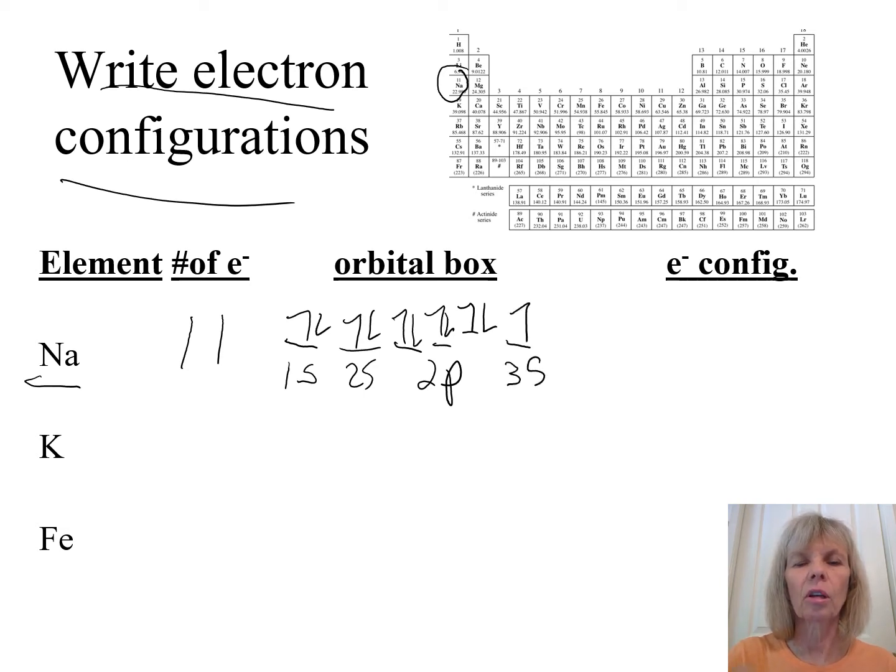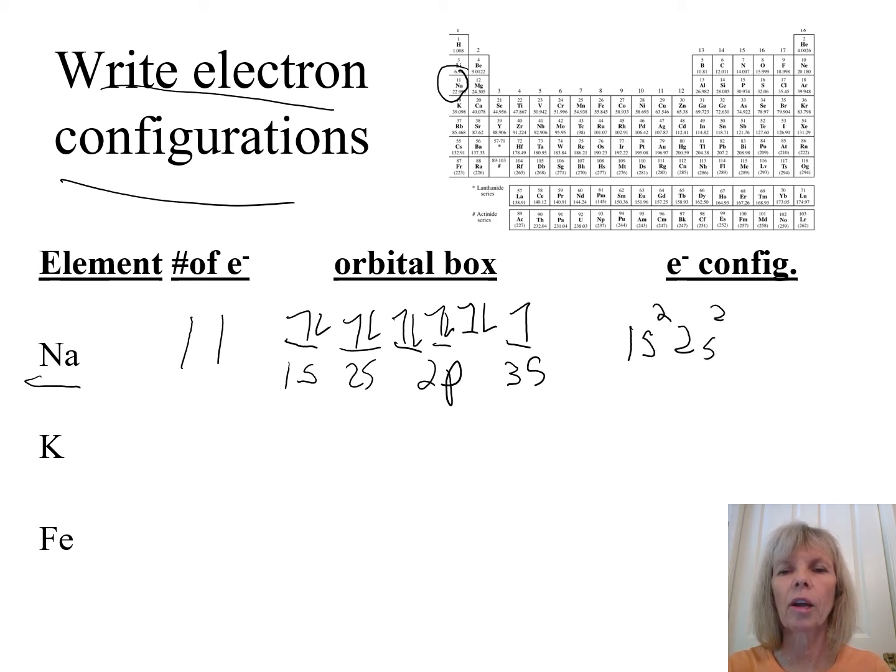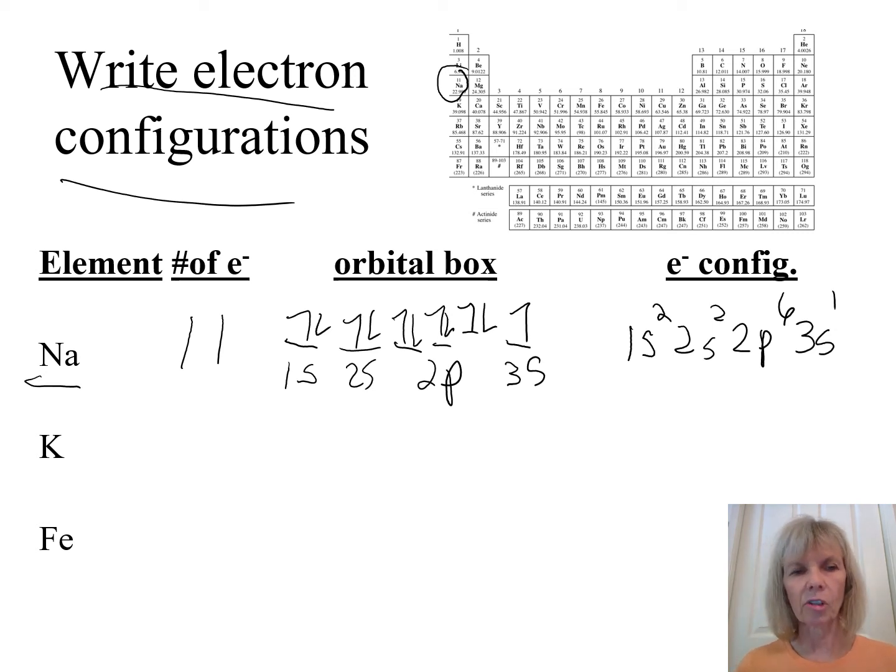So we put 1 electron in 3s. Now the electron configuration is the shorthand of the orbital box diagram, so we can write that out. 1s squared, 2s squared, 2p, total electrons in 2p is 6, and then 3s, 1. That's my electron configuration for sodium.